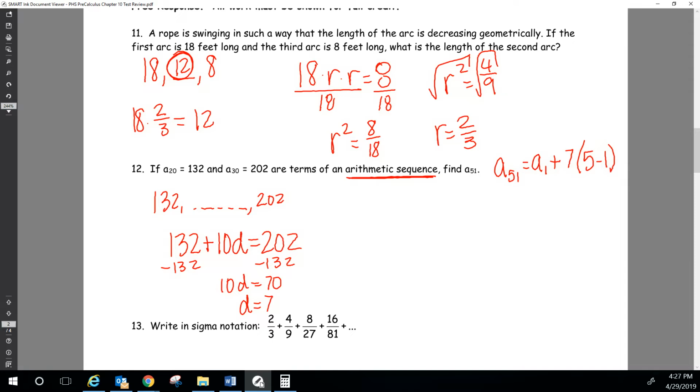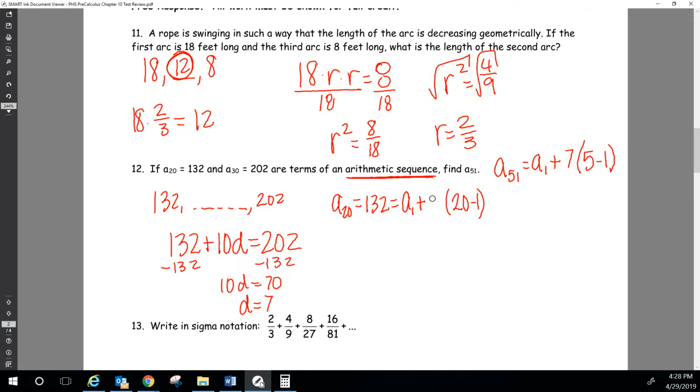So I'm actually going to have to use one of these two terms, and it doesn't matter which one you choose. Let's just use 20. I know a sub 20 is 132, and that's equal to my first term, which I do not know, plus my difference times 20 minus 1. And so I can use this equation to find my a sub 1, and then I can use that to plug in here.